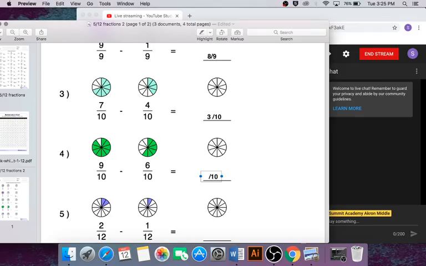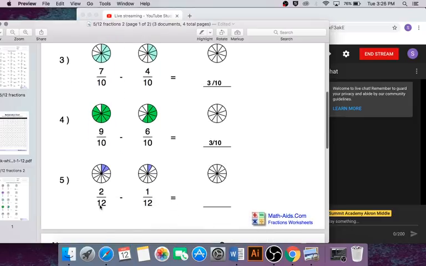For number 4, it's also going to be over 10. So we start off with 9, and we're going to take away 6. So 9 minus 6 leaves us with 3. So our answer is again 3 over 10.